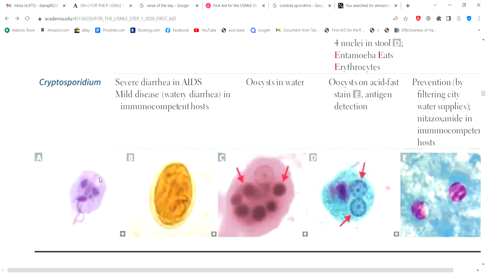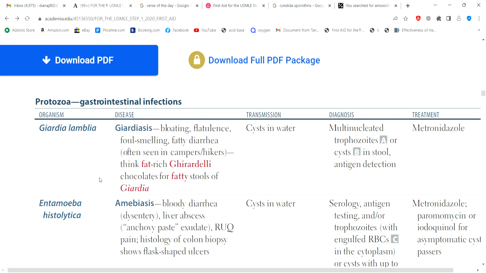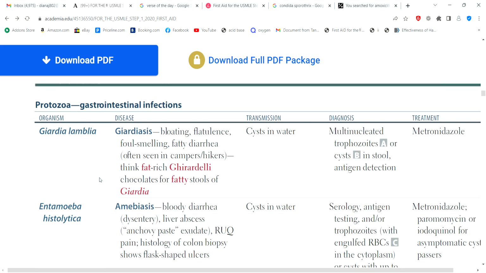That's how you know it's Giardia. There's nothing that grosses me out more than worms. Oh gosh. Okay. And you can also do this with antigen detection. Treatment is metronidazole.